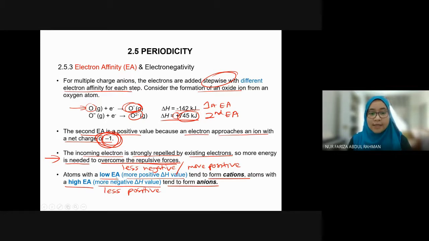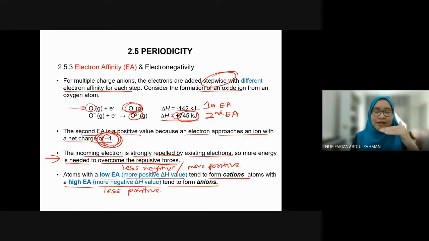Where do we find low EA? Group 1 and group 2. Instead of accepting electrons, they prefer to remove electrons. Sodium becomes sodium plus, barium becomes barium 2 plus, because they have low electron affinity. They don't like electrons.